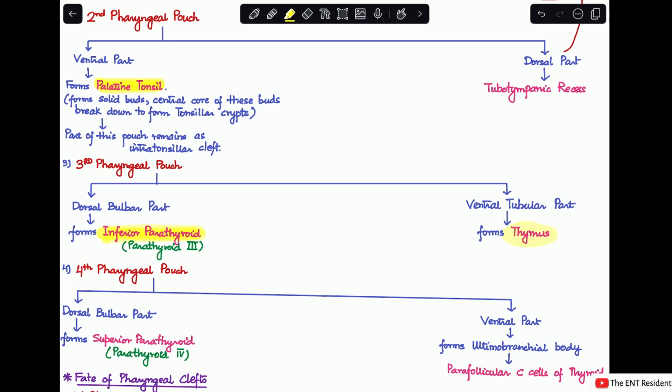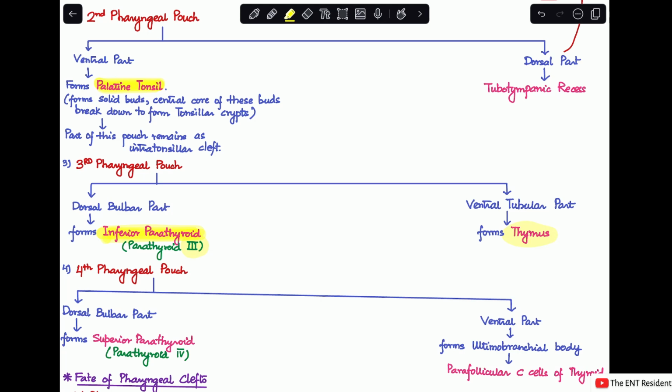Here you have to remember that the inferior parathyroid is also known as parathyroid 3 because it takes origin from the third pharyngeal pouch. After its development is done, there is a migration of the parathyroid to its location. Hence, the names later come as superior parathyroid for parathyroid 4 and inferior parathyroid for parathyroid 3.